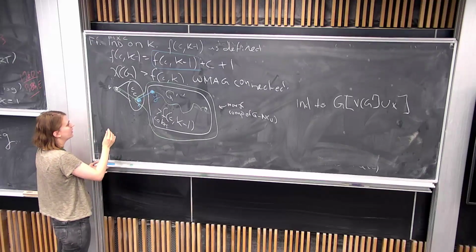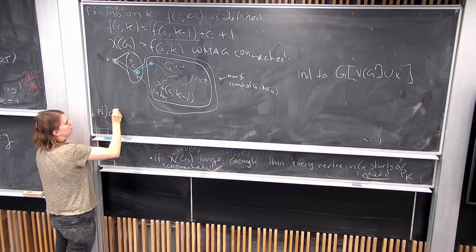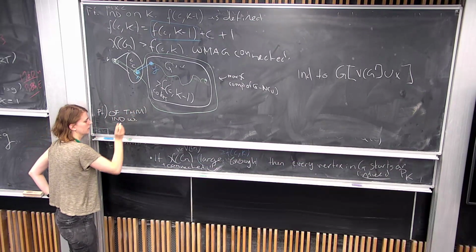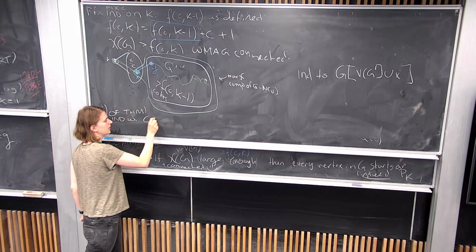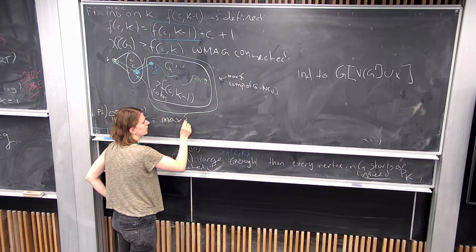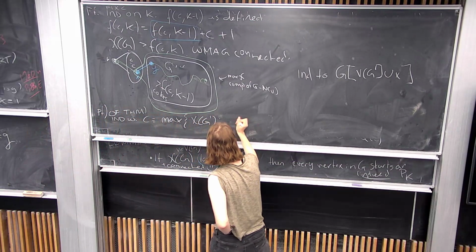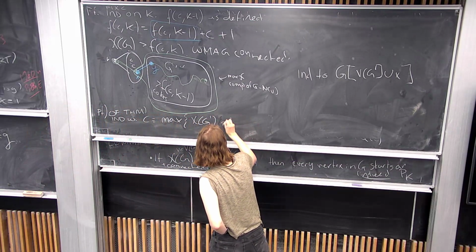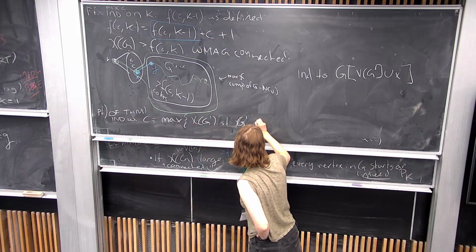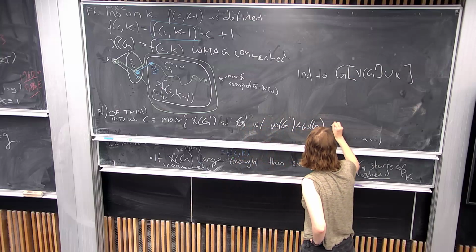But yeah, so we're going to do induction on omega. We're going to let C equal the maximum of chi of G prime over all G prime with omega of G prime less than omega of G and P_K free.